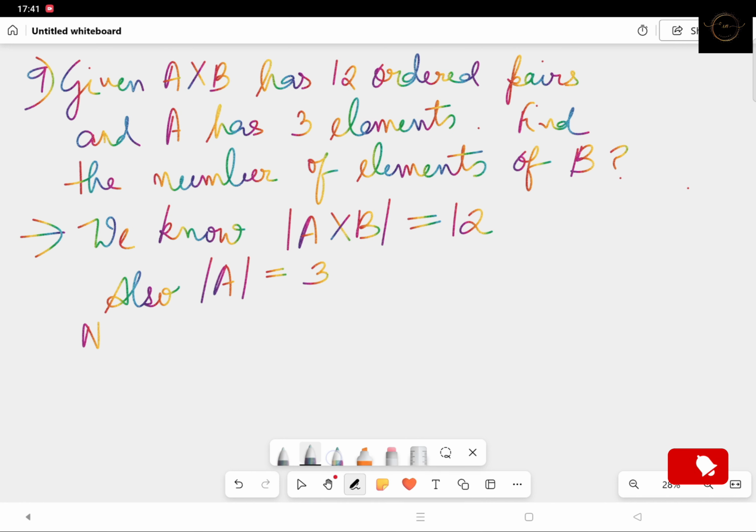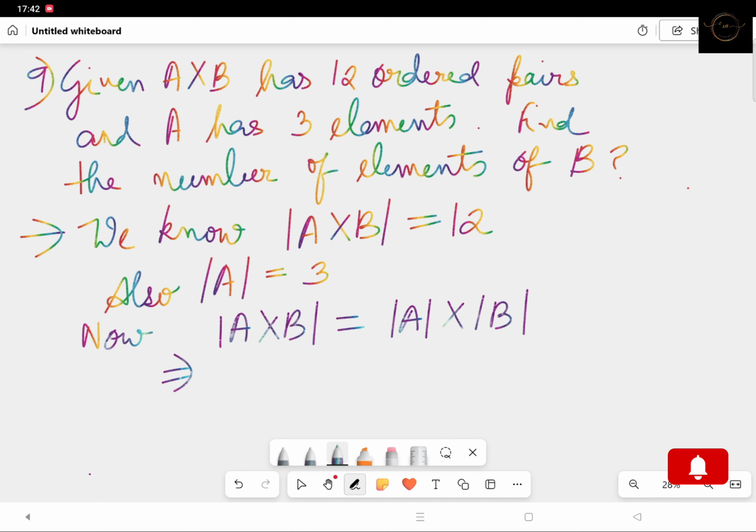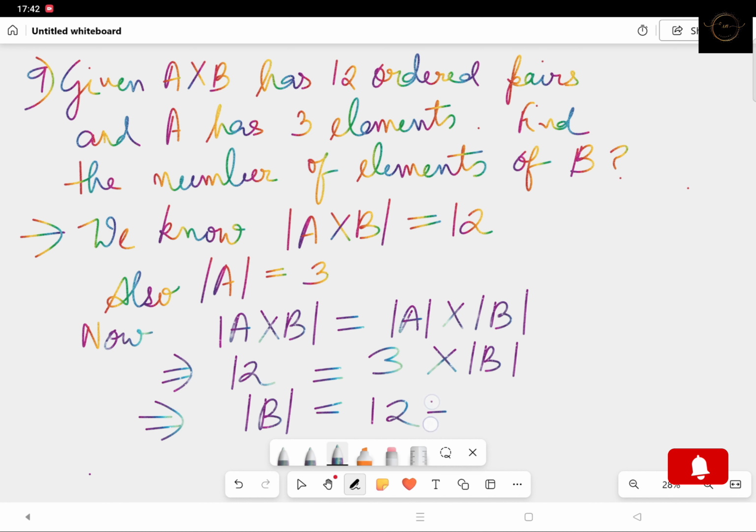Now you know the relation from my previous video. In the last question also we did the same thing: cardinality of A into B equals cardinality of A into cardinality of B. Cardinality of A into B is 12, cardinality of A is 3, and B you have to find out. So cardinality of B is 12 divided by 3, that equals 4.